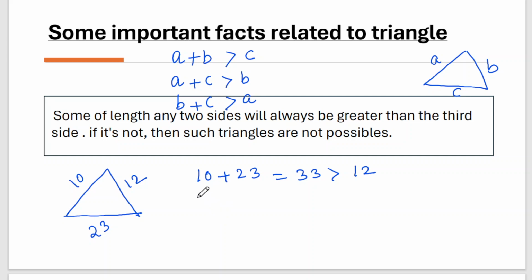Now if I add 12 plus 23, it is equal to 35, which is greater than 10. But what if I add 10 plus 12, which is equal to 22? Sorry, 22.